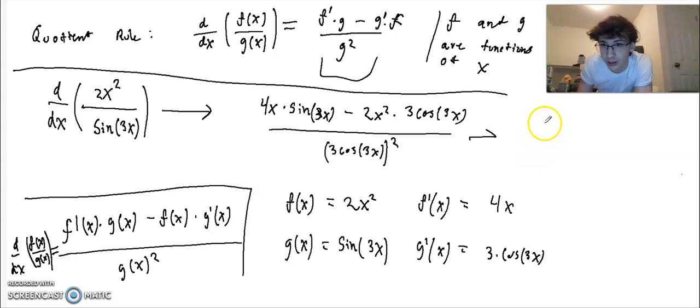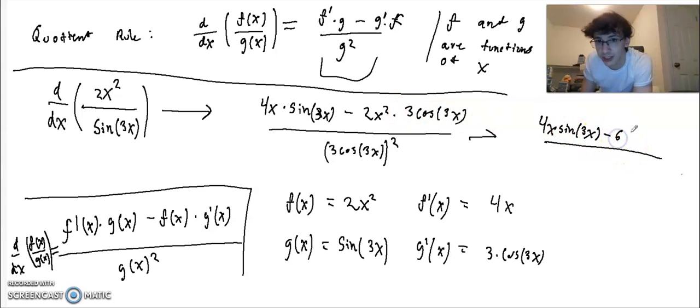We get 4x sine of 3x minus 3 times 2, so 6x squared cosine of 3x, and then we square the 3 and we square the cosine. Can't forget about it, it's like a FOIL thing.